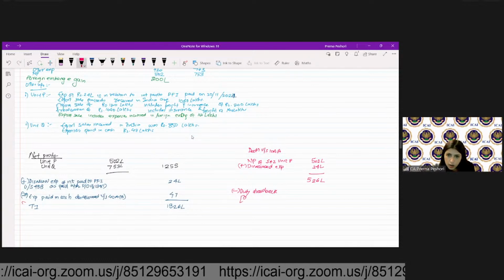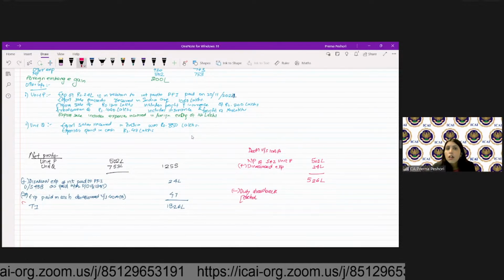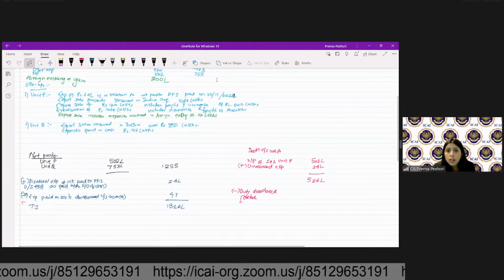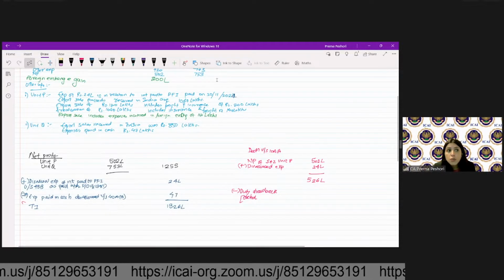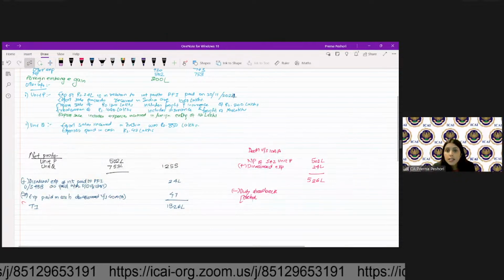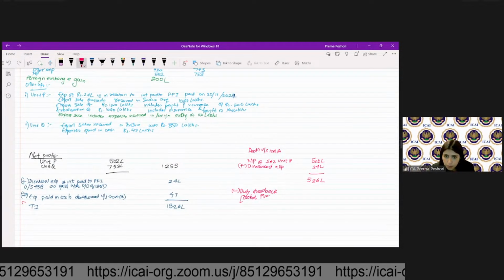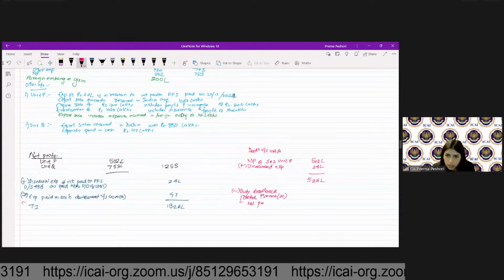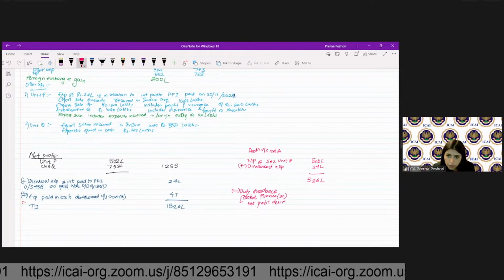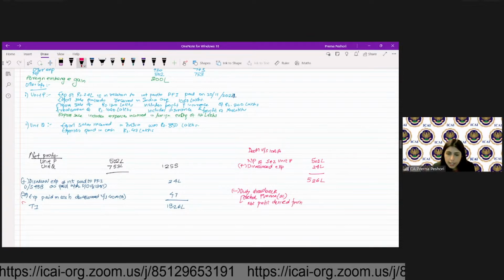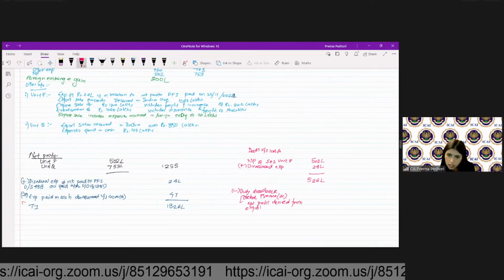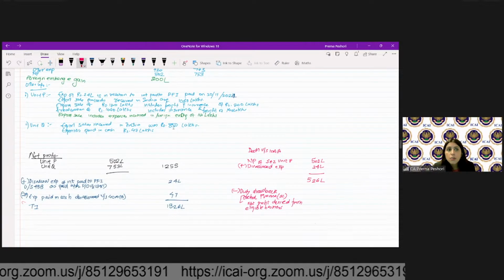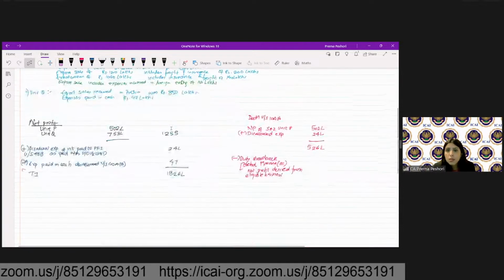This is the Orchid Pharma decision. As per the Orchid Pharma decision of the Supreme Court, the duty drawback is not considered as profit derived from eligible business. So I will reduce this 38.